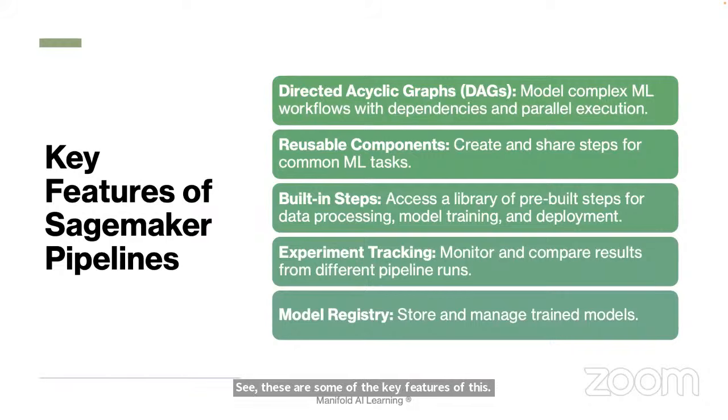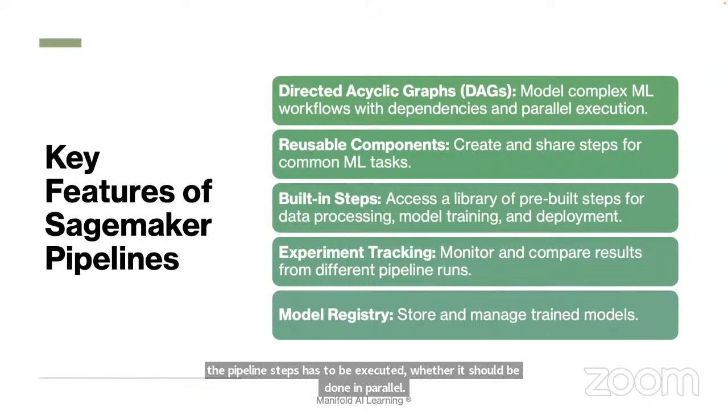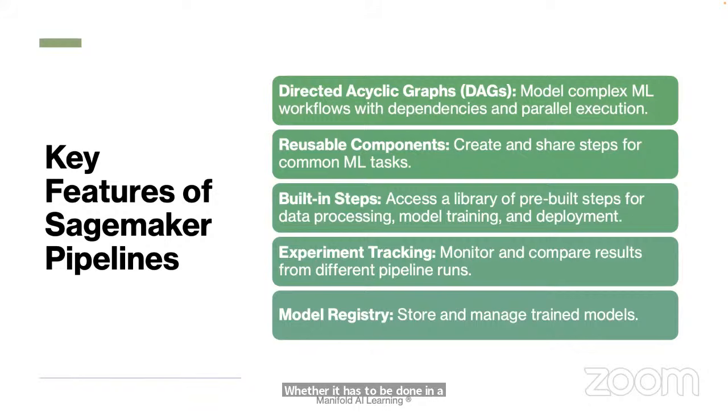First of all, the directed acyclic graph, which is also called a DAG. Using this DAG, we can model complex machine learning workflows with dependencies, and we can also have parallel execution. That means we can define how the pipeline steps have to be executed, whether in parallel, in a sequential way, or based on a condition. So we have that capability right here.